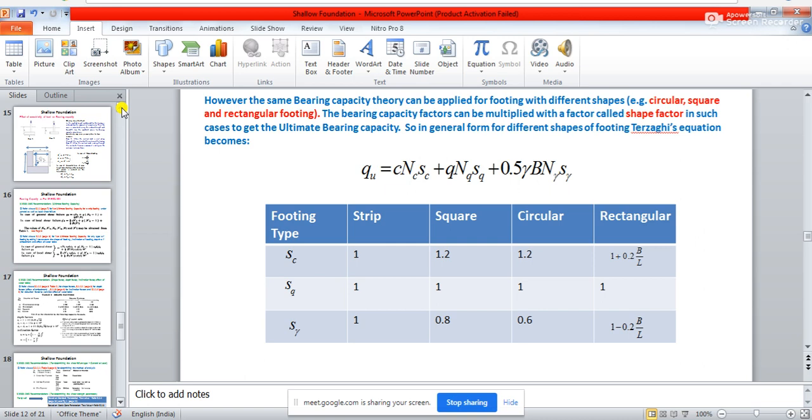Now, today after this discussion on Terzaghi's equation, we will be moving to our Indian Standard Code. So, briefly today we will discuss our Indian Standard Code. Okay. Now, let us see.